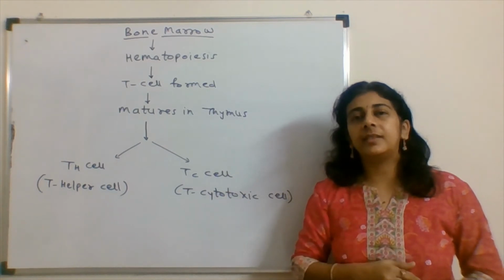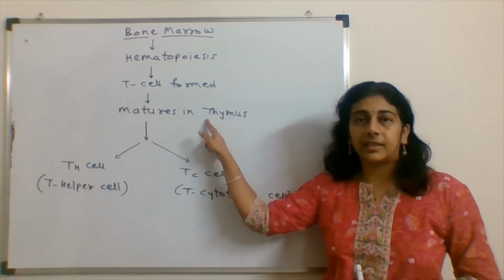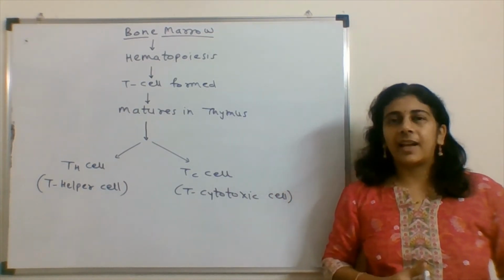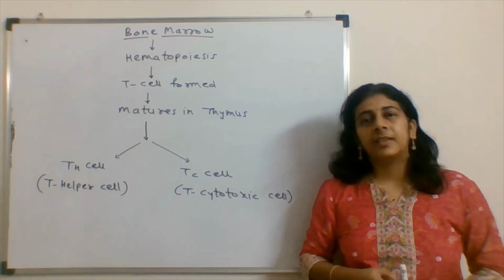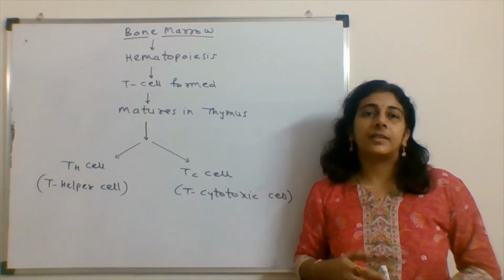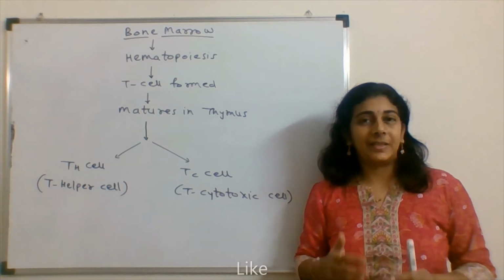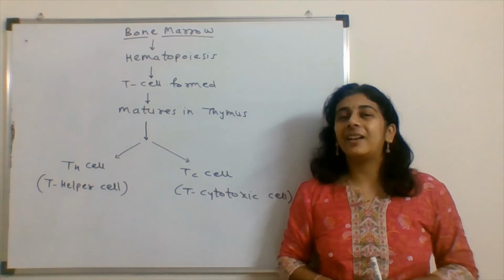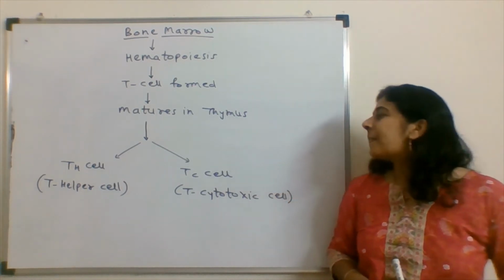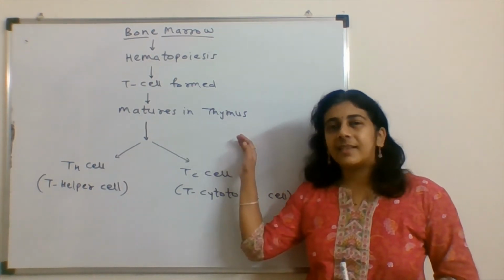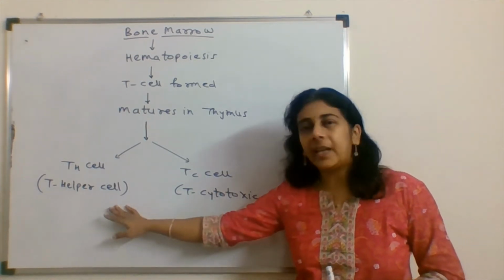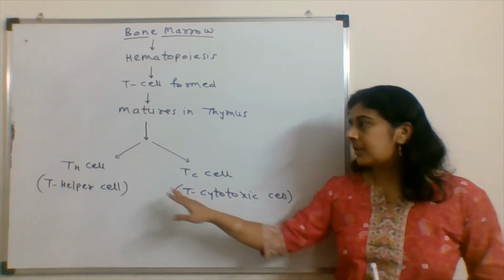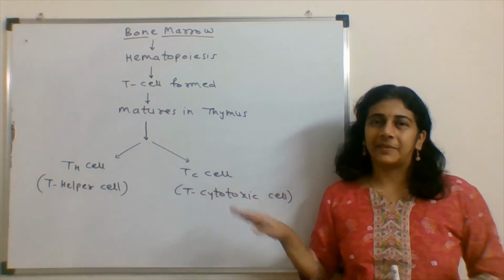We have to remember this, and that's why they are known as T cells. The thymus is a gland present above the heart, and in it these T cells get matured and trained. Now, T cells are of two types: T helper cells and T cytotoxic cells, so TH and TC.